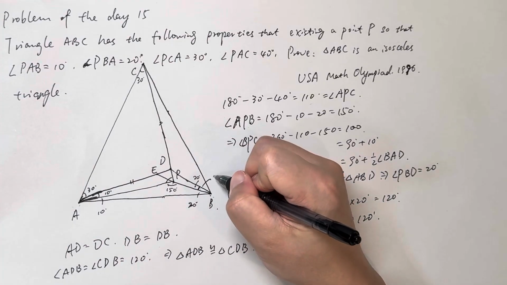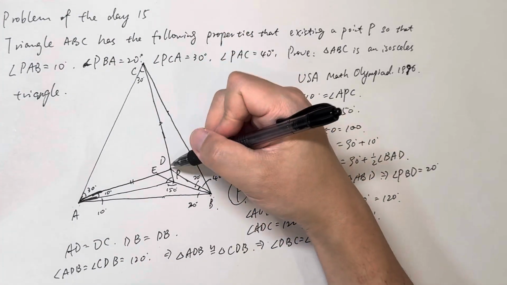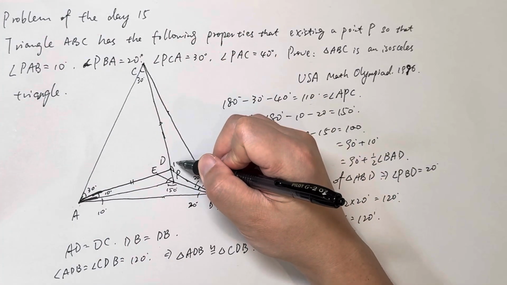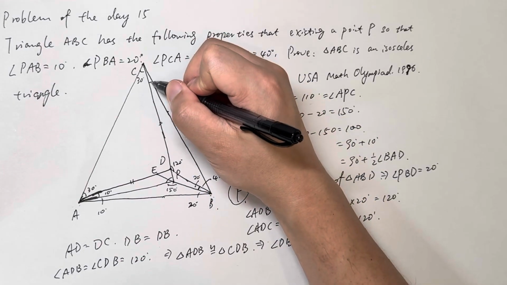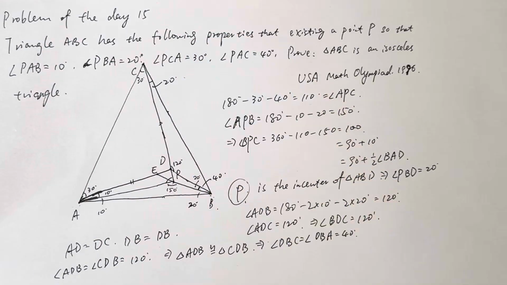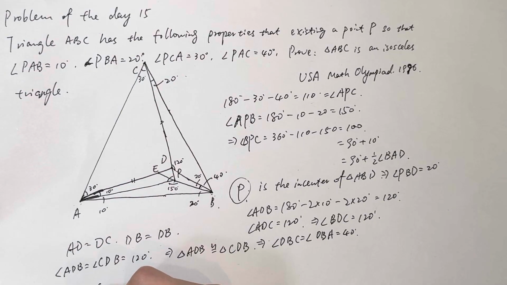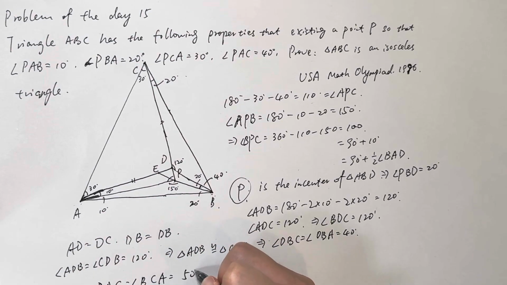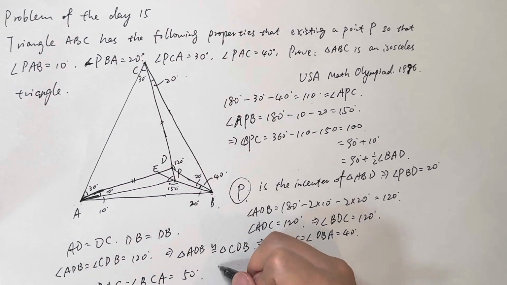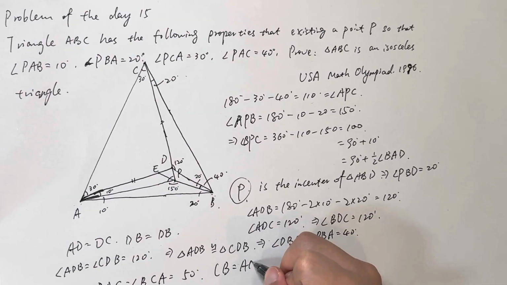So this is 40 degrees, and this one is 120 degrees. So we know here is 20 degrees, right? That makes angle BAC equals to angle BCA equals to 50 degrees. Therefore, CB equals to AB, and triangle ABC is an isosceles triangle.